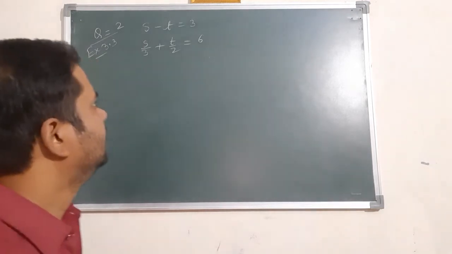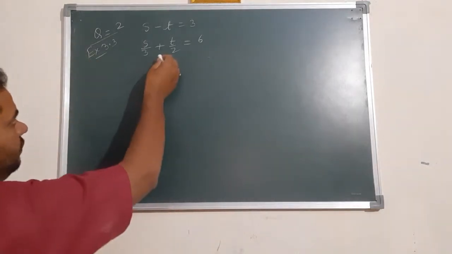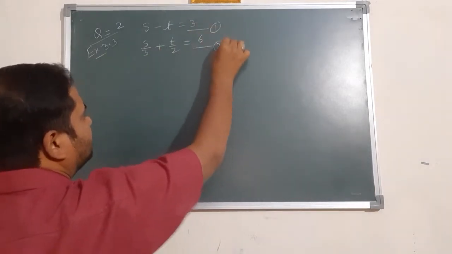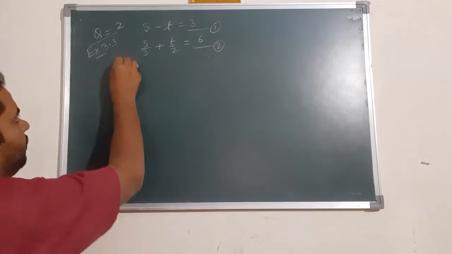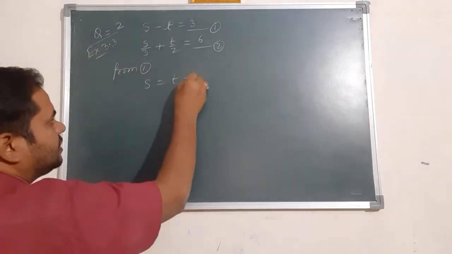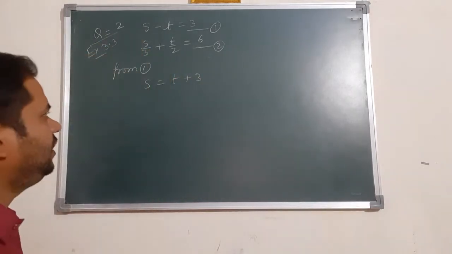Okay, so see, first of all we find the value of s in terms of t. From the first, s is equal to t plus 3. Put this value in the second equation.